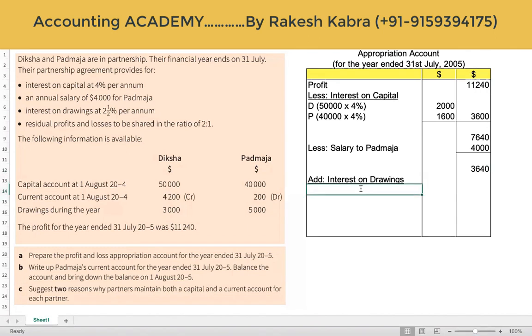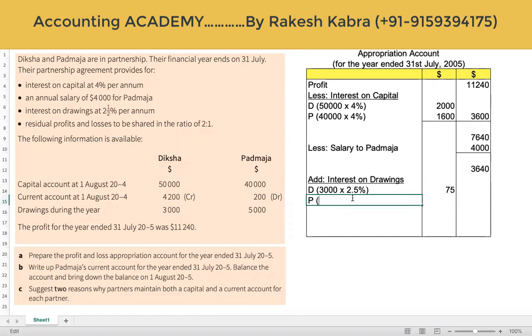Diksha's drawings are how much? 3,000, and Padmaja's is 5,000, at 2.5%. So 2.5% of 3,000 is $75.